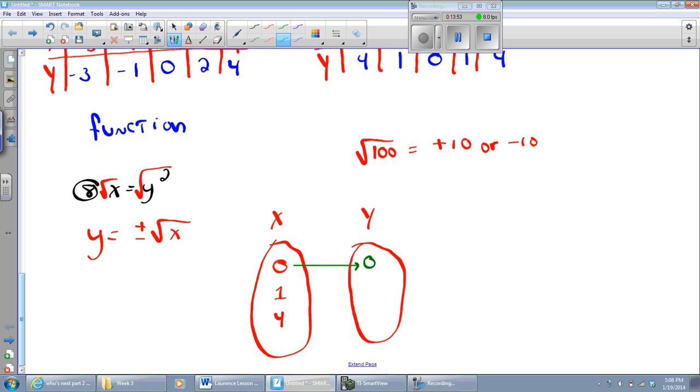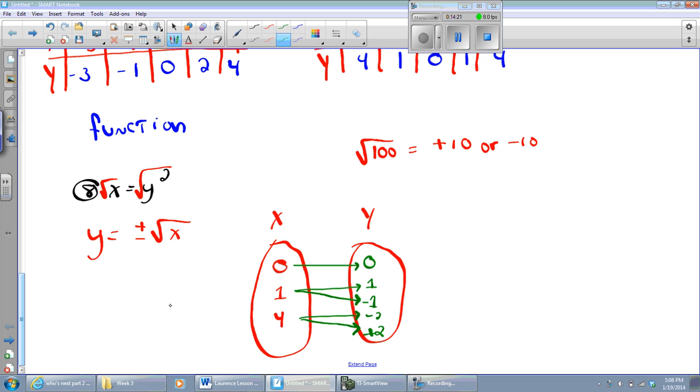Just like that, right? But 1 could have been 1, or it could have been -1. So it's got to go to two different places. That should be your clue right there that it's not a function, because 1 is going to two different numbers. 2 is going to two different numbers. It could go to -2. It could also go to +2. So this is not a function.